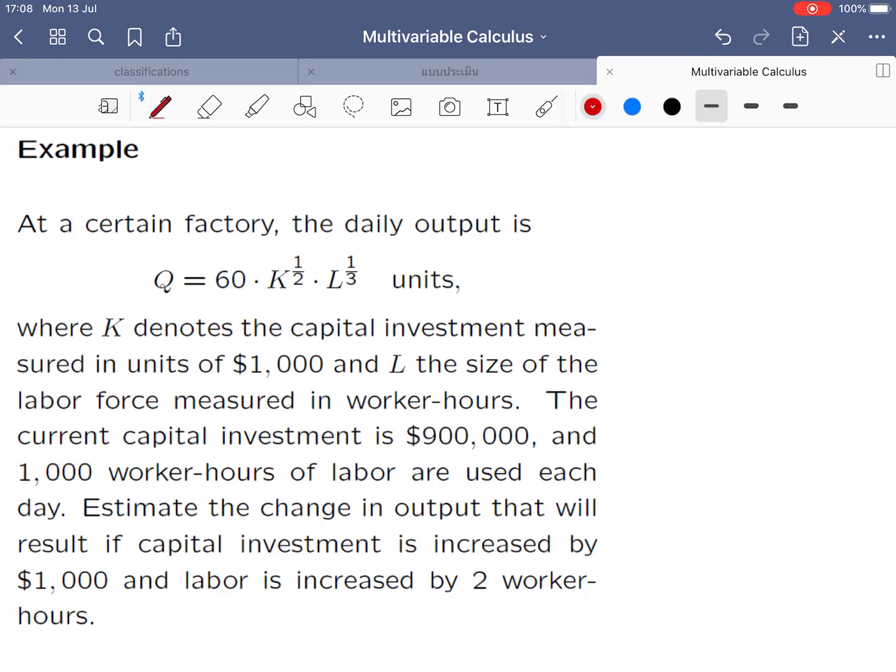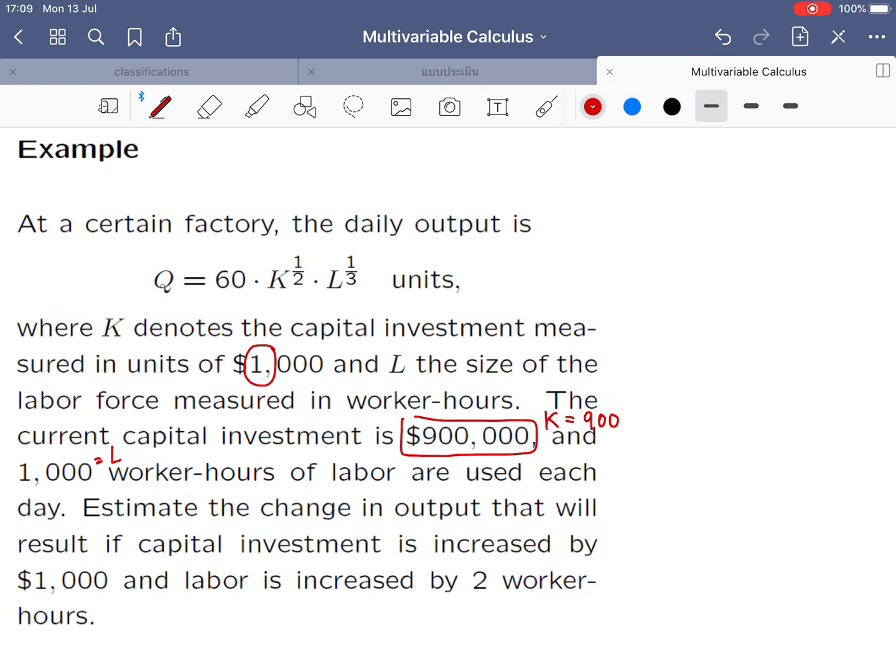When you see it like that, what is your K actually? One unit of K is 1,000, so 900,000 means K is actually 900. Be careful. How about your L? This can be used immediately because L is already measured in worker hours, so it is 1,000 worker hours of labor.